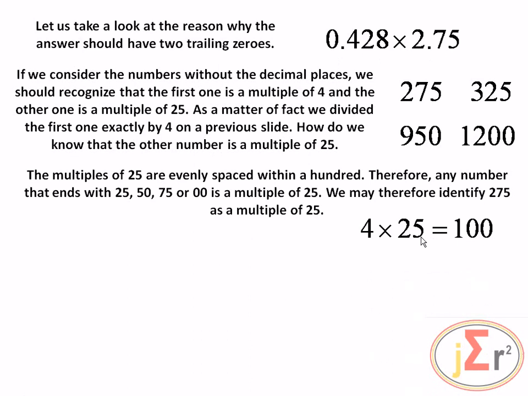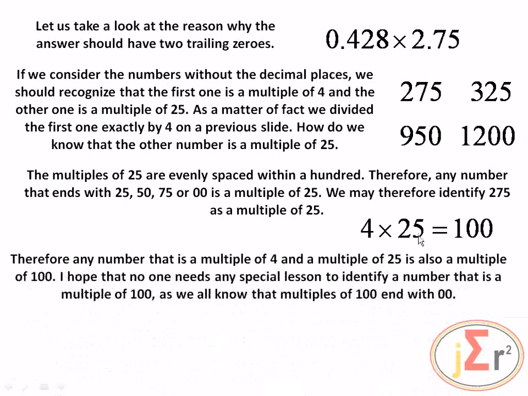Therefore, any number that is a multiple of 4 and is also a multiple of 25 has to be a multiple of 100, and all multiples of 100 end with a 00. I hope that no one needs any special lesson to identify a number that is a multiple of 100.